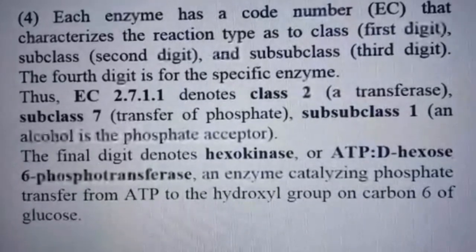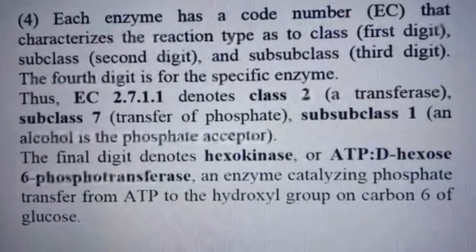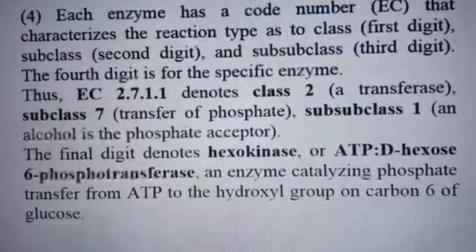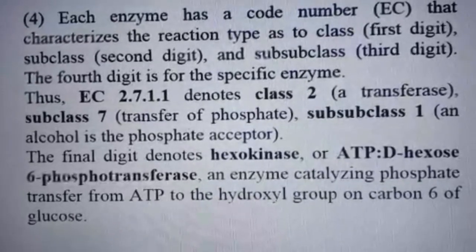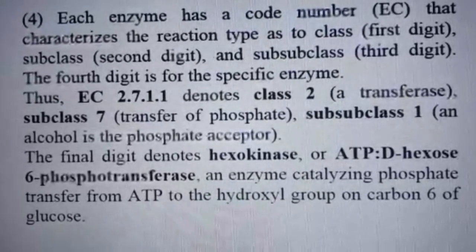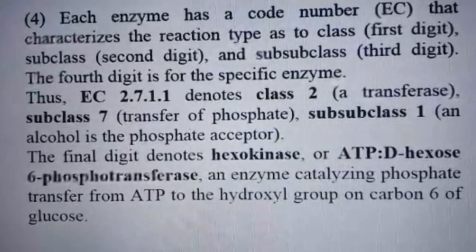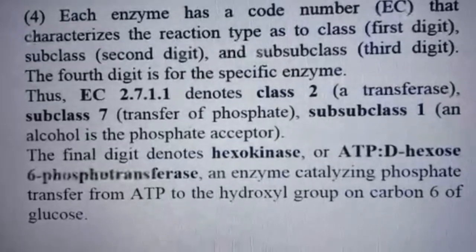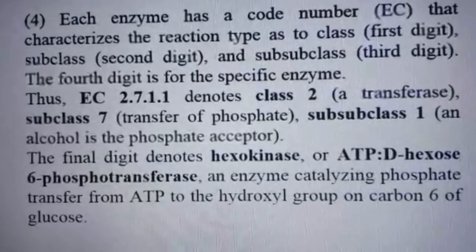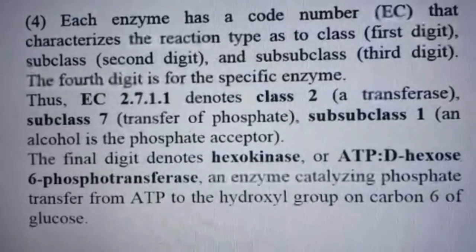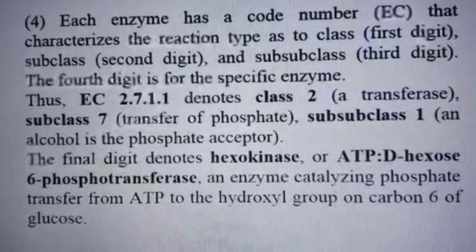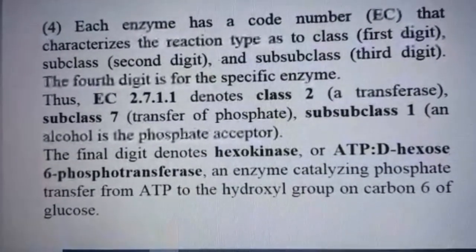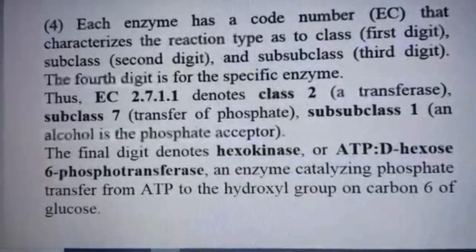So enzyme commission 2.7.1.1 denotes class 2, that is transferases, the major class, subclass 7, that shows the transfer of phosphate, sub-subclass 1, that it is an alcohol, that is a phosphate acceptor, and the final digit denotes hexokinase or ATP:D-hexose 6-phosphotransferase, which means it is an enzyme catalyzing phosphate transfer from ATP to the hydroxyl group on carbon 6 of glucose.